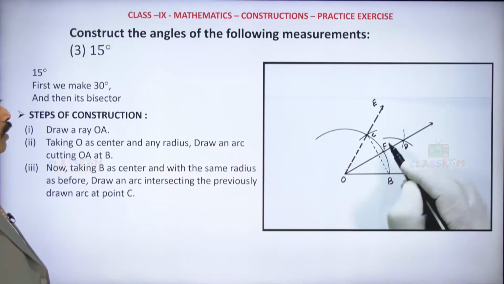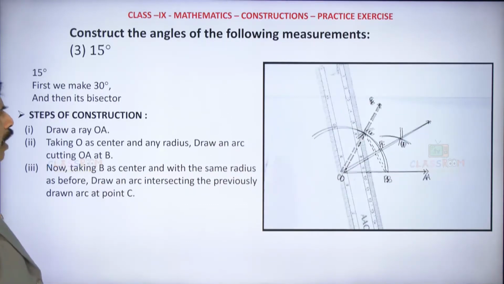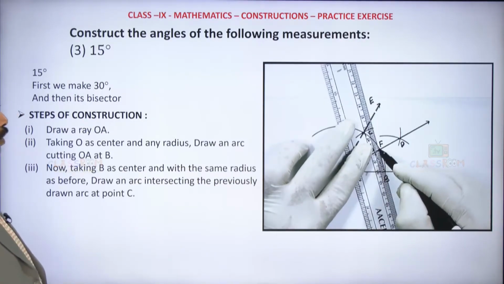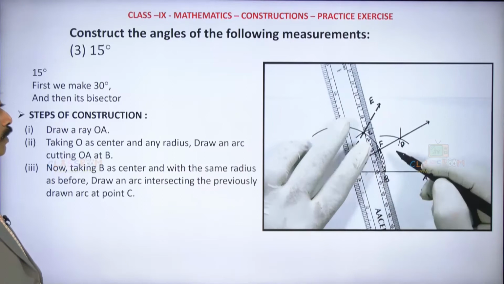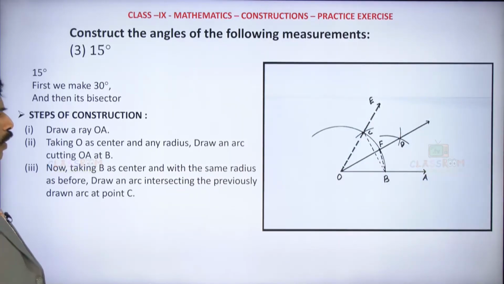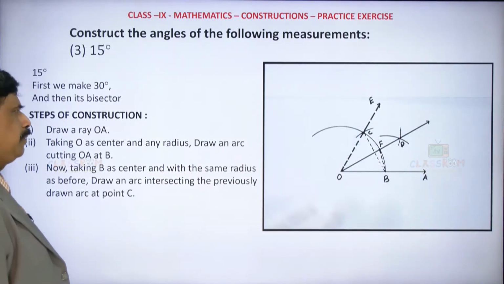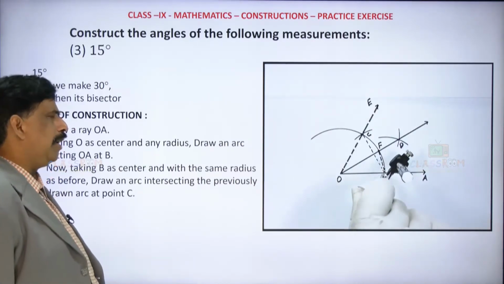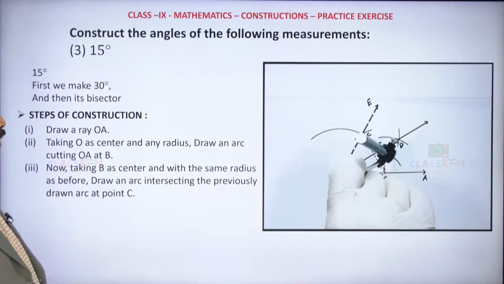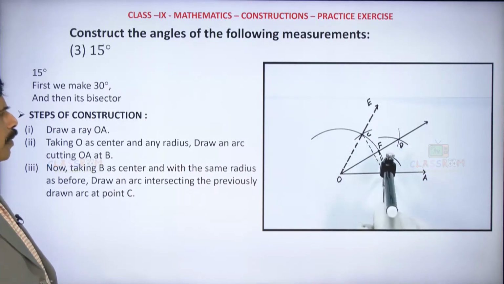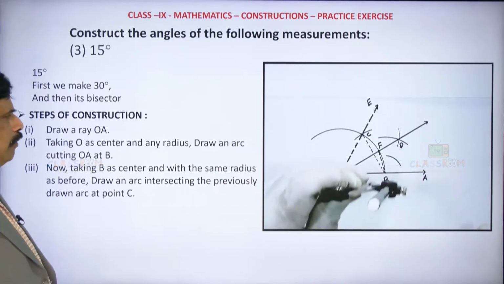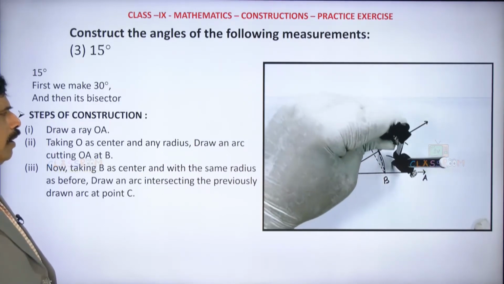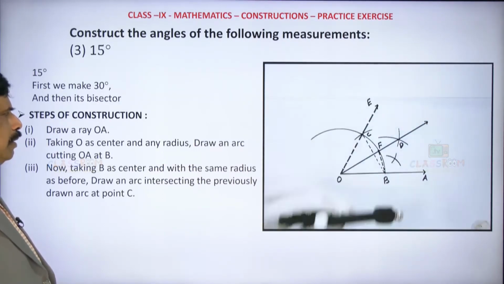So the OD intersects the arc BC at F now. So join B to F. So take more than half BF, taking B and F as centers. Draw the arcs now from B as well as from F. Remember, you have to take more than half of BF.